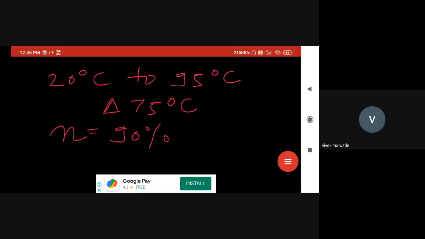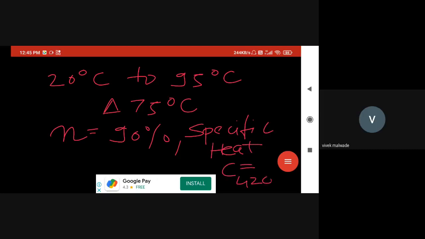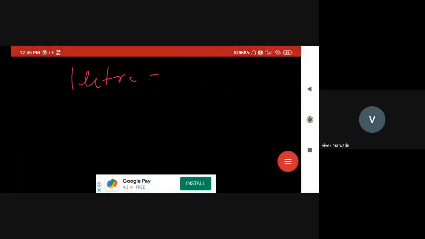We will assume the specific heat capacity of water, that is C, is equal to 4200 joules per kg degree Celsius. That is, 4200 joules of heat energy is required to increase the temperature of 1 liter of water by 1 degree Celsius. Here it is kg, so we assume that 1 liter of water is equal to 1 kg of mass. This is an assumption.